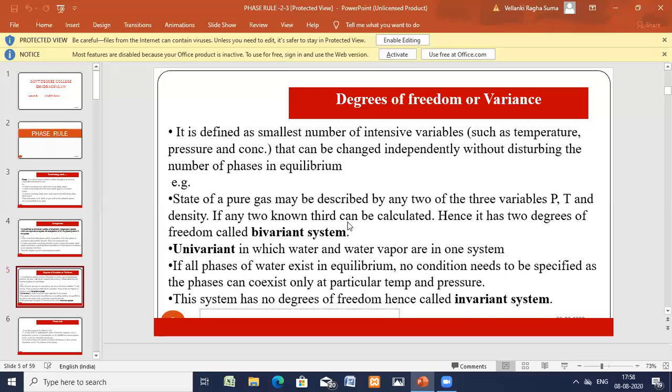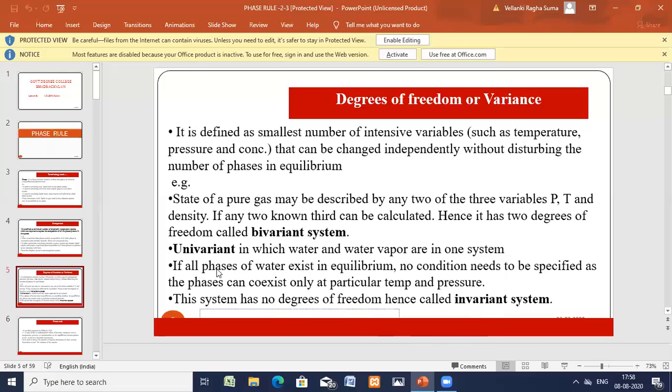So if F is equal to 2, it is bivariant. If F is equal to 1, univariant. If F is equal to 0, invariant. Therefore, the degrees of freedom define the type of a system.